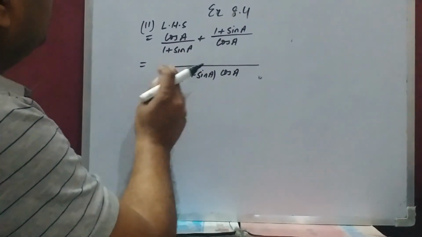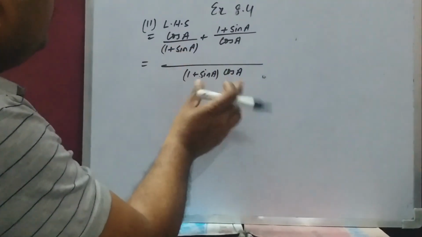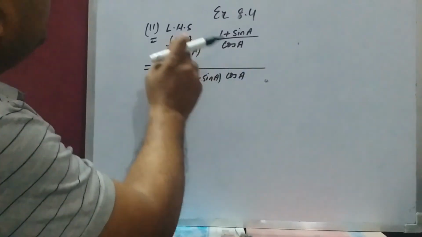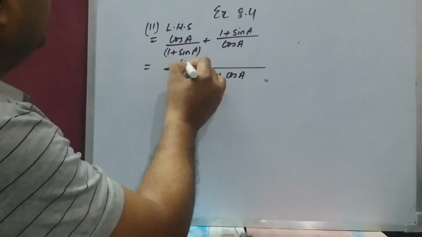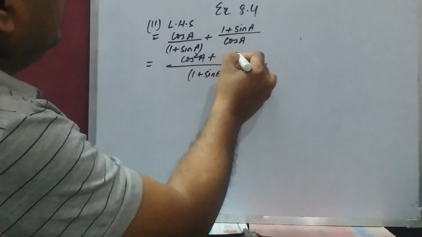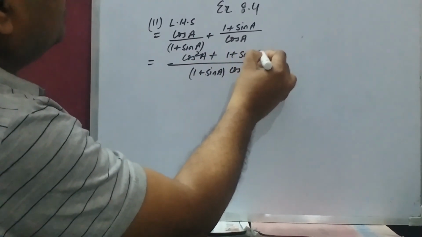And now this will be divided by this, the quotient will be this, and this quotient should be multiplied with the numerator, so the result is written here cos square A. Like this, you will write here sin A the whole square.